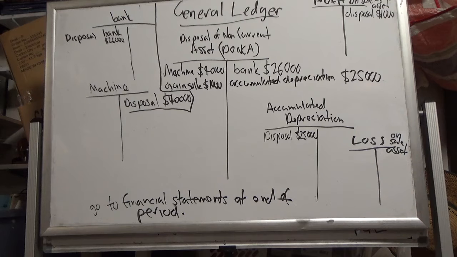You go to the DONCA, and it is a profit on the disposal of the asset, but you label it gain. Sorry, this could be incorrect. I'll just check up on that. So we debit DONCA.